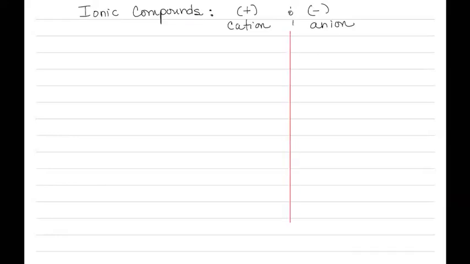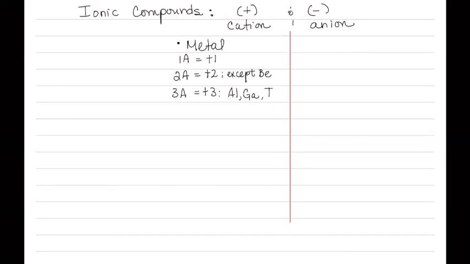So let's start with the cations. The cations can come in the form of a metal. If you are a metal that lives in 1A, your charge is +1. If you live in 2A, your charge is +2, except beryllium. If you are 3A, your charge is +3, but that only applies to aluminum, gallium, and indium.